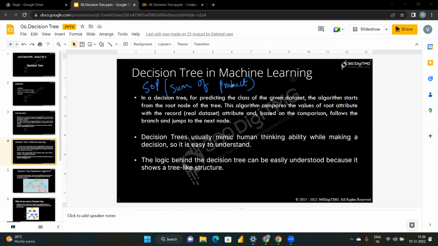The sum of product is also known as disjunctive normal form. So these are the SOP, which is followed by the decision tree.